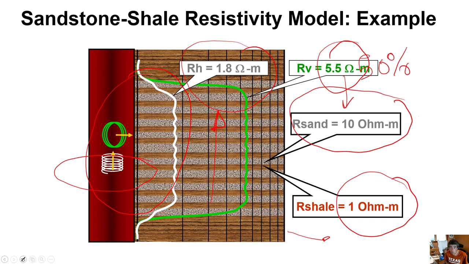The answer is we have to make corrections that will increase the resistivities to give us the resistivity of the sandstone fraction. And once we know the resistivity of the sandstone fraction, then we can use Archie's equation to calculate the hydrocarbon saturation of the sandstone fraction of the rock, similar to what we did before for clean sandstones.